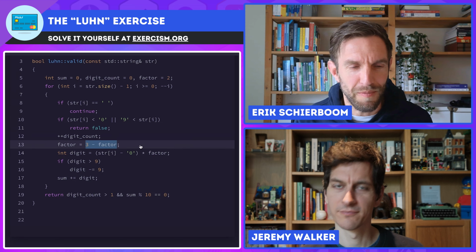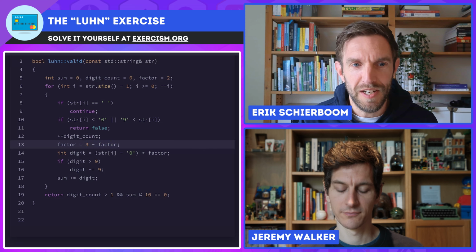So you see factor = 3 - factor, and nothing in the rules of the exercise says anything like 3. But the trick is that this is going between 1 and 2. If you go up a little bit, you can see that we start out with factor being 2, before the loop is initialized.